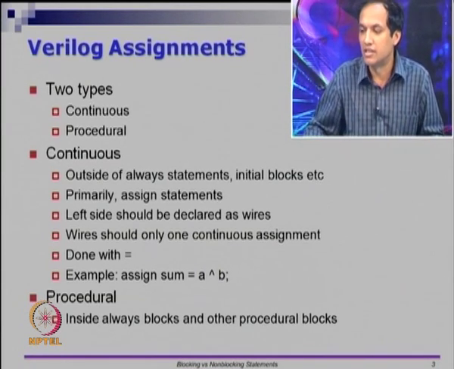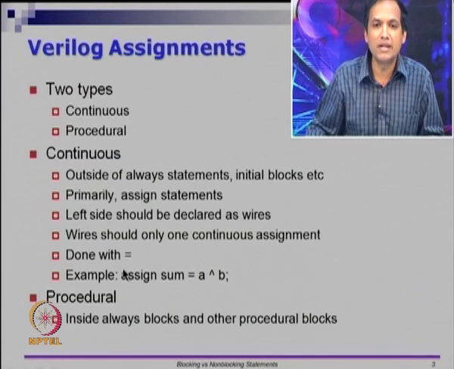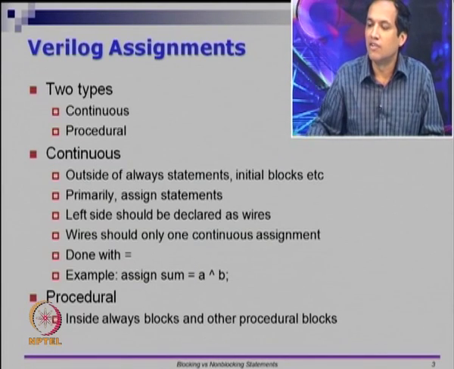That is not acceptable. So wires can have only one continuous assignment assigning to it. The assignment is done with equal to. You cannot use the less than and equal to token for this.